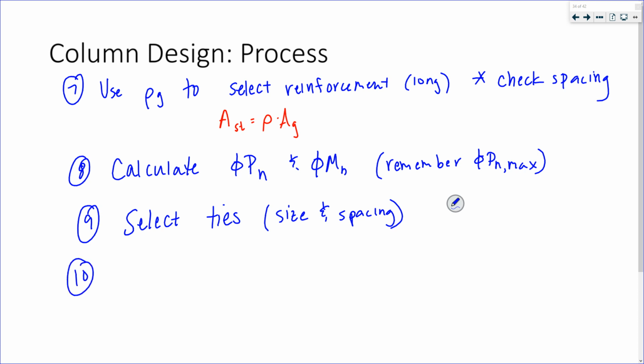Design for shear if necessary. That's kind of an afterthought. It's not going to change your longitudinal reinforcement, but it might change your ties. And that is it. That is how you design a column. So the next thing we're going to do is an example.